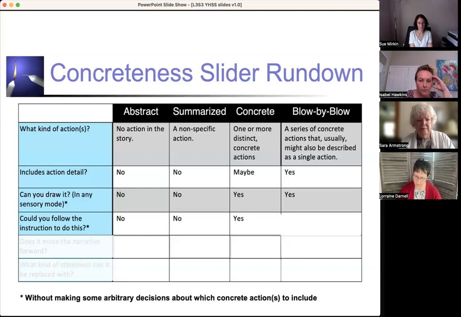A concrete statement, yes, you can follow the instructions. It's specific enough, there's action enough that if somebody says go have breakfast, you could have breakfast, and so on. Blow by blow, well, of course, if you can follow the instructions to do these concrete actions, you can do the series.